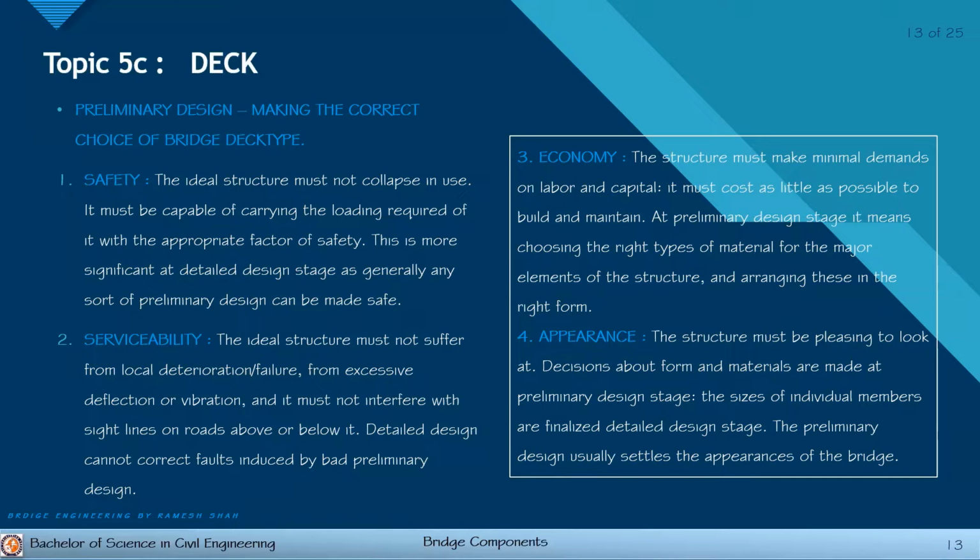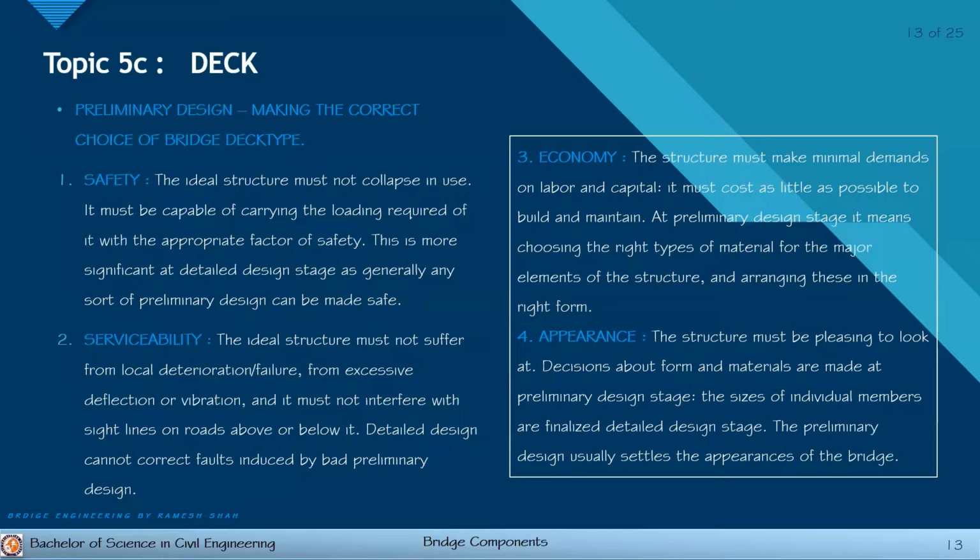Hindi magko-collapse yung ating infrastructure. So safety is very important hindi lang para sa infrastructure itself, but also sa mga public or sa mga taong pwedeng dadaan sa ating bridge, na dapat i-consider natin ang main purpose ng ating bridge na makapagbigay ng easy access sa mga tao at hindi kumbaga hindi catastrophe ang kanyang pwedeng ibigay.